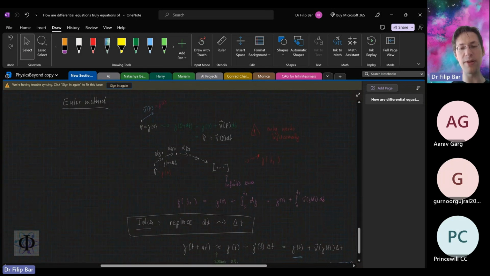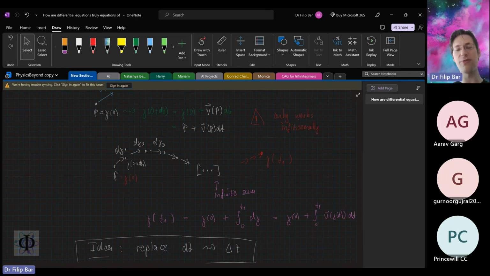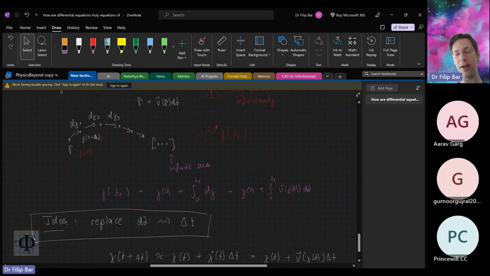When we do, we realize that it leads us to a way how we could technically solve a differential equation. You need the initial value. Then the differential equation gives you the infinitesimal displacements that you have to follow, and you now have to sum up infinitely many infinitesimal displacements, which means you have to solve an integral, and then you can find the new position at time t. But of course, again, that is not really feasible.